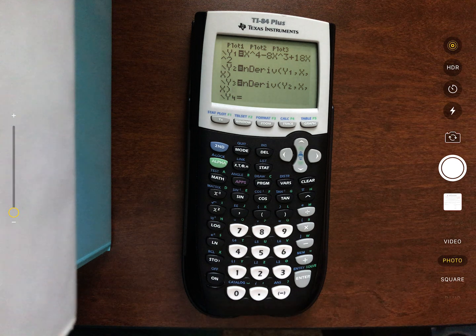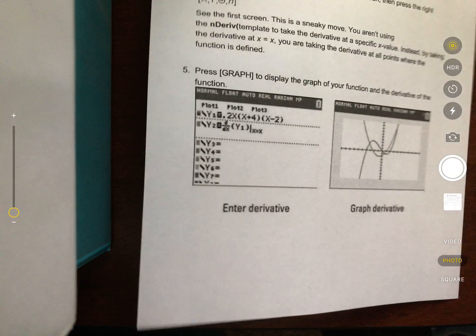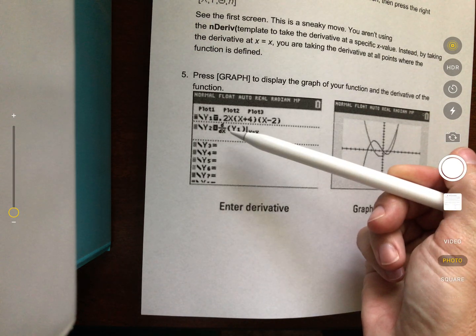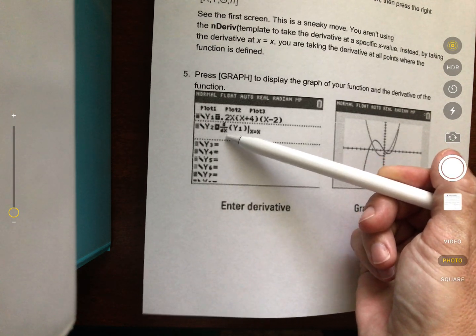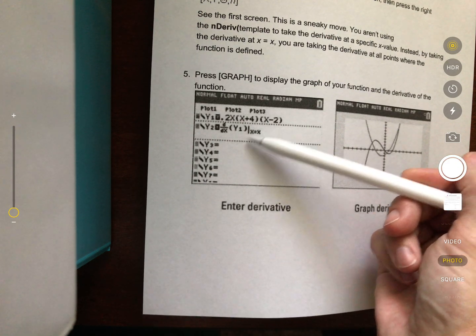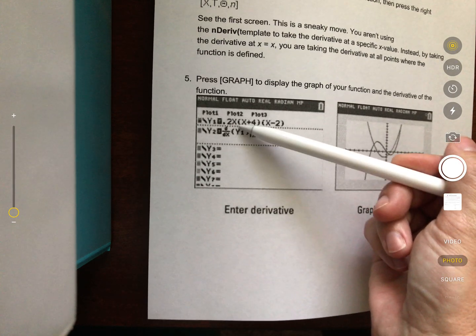Now, your calculator might look a little bit different than mine. My calculator has a little bit of an older software in it. Your calculator might look like this when you go to do your derivative, your math and your nDeriv. You're going to put an x here, you're going to put your y1 here, and then you're going to put another x here. Down in y3, it's going to look the same, except this is going to be y2.